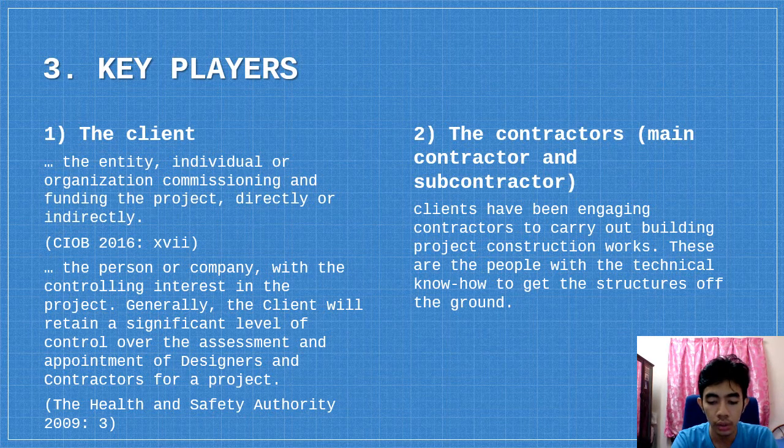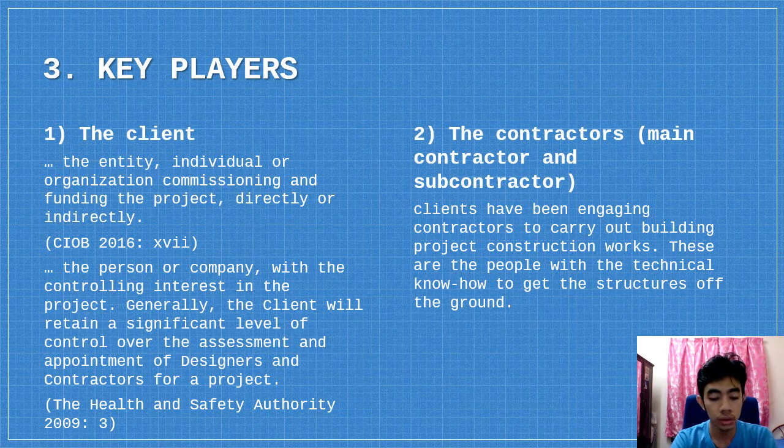Generally, the client will retain a significant level of control over the assessment and appointment of designer and contractor for a project. A client can be a person or government who actually arranges the money for a particular project. They will provide the funds and project scope as a project launch idea.